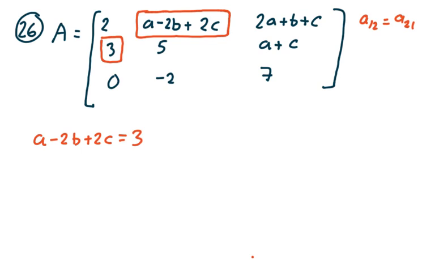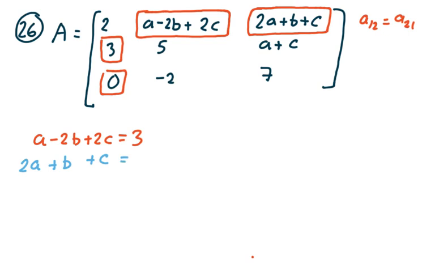There's no choice there. Then take a look at this entry, the entry in the first row, third column. That entry has to be the same as the entry in the third row, first column. In other words, 2A plus B plus C has to equal 0.